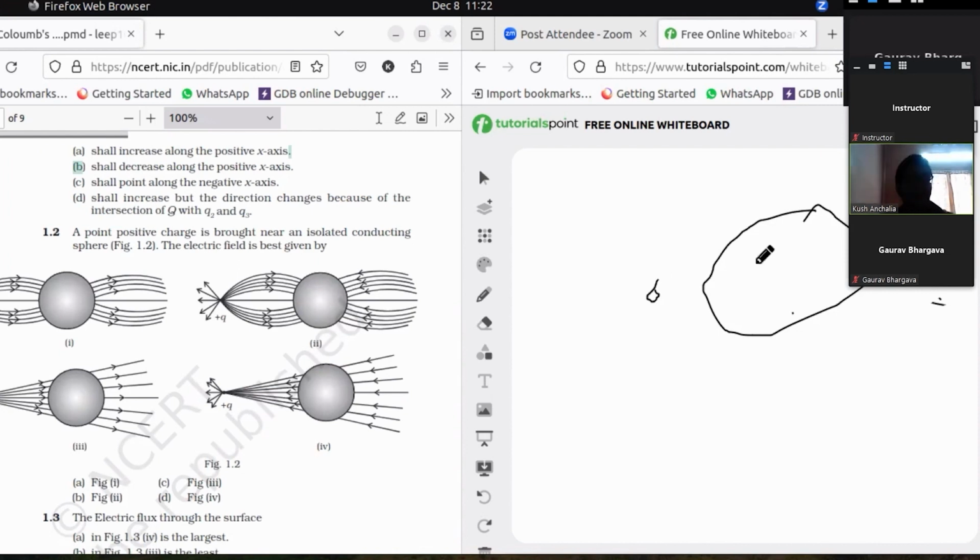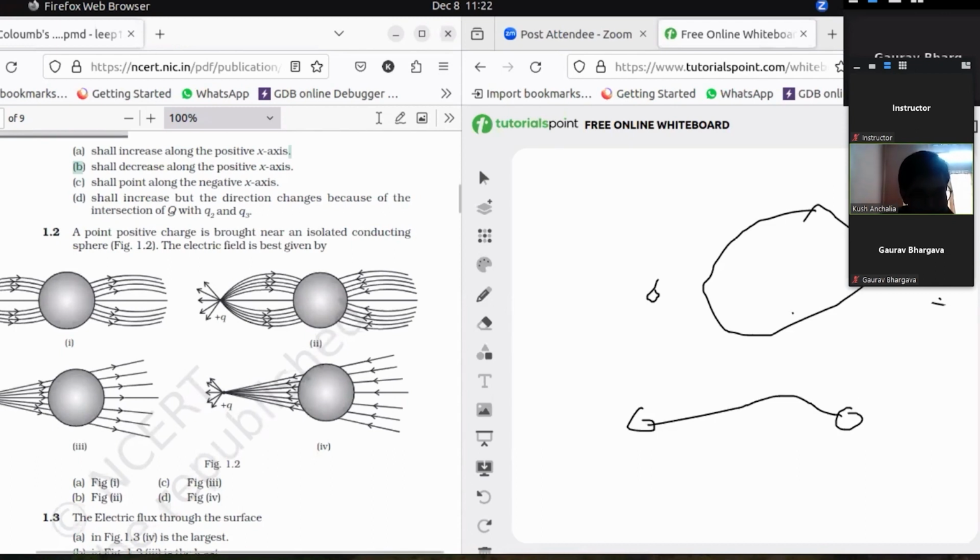What we know is that an isolated conducting sphere can be replaced by a single point in case of electric field. This direction makes sense, but it doesn't, because see what will be happening. These two can be replaced, and along this line it can be the same.